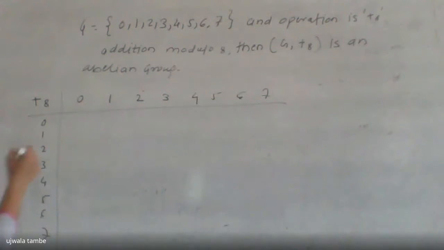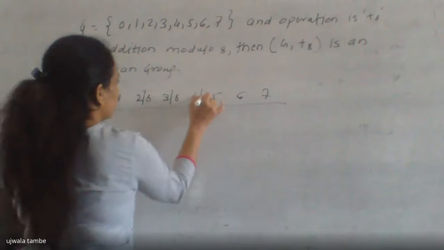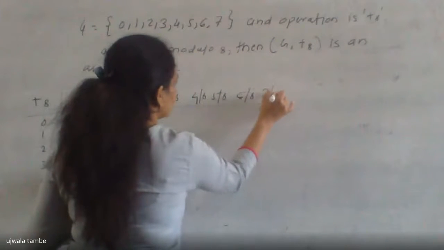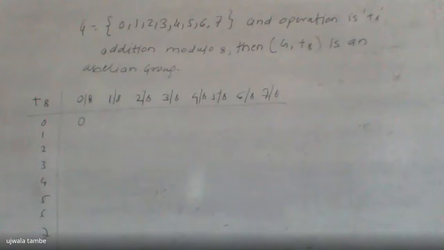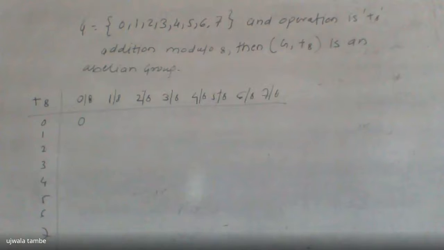So 0 divided by 8 gives us remainder 0, right? Okay. Then again 1 by 8, 2 by 8, 3 by 8, 4 by 8, 5 by 8, 6 by 8 and 7 by 8. So what is the result in the first row? Yes. With respect to 0, what will be the result? What is the remainder?